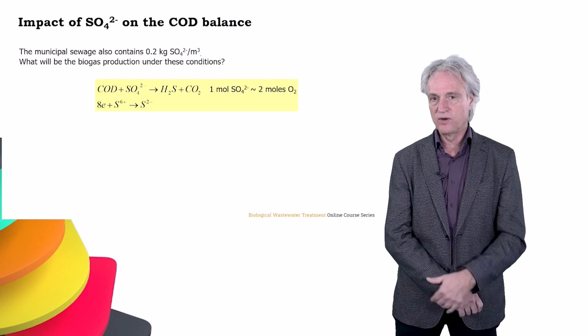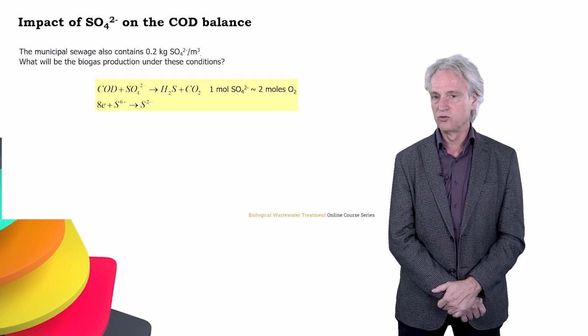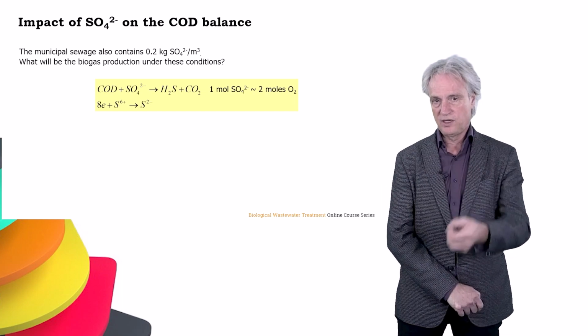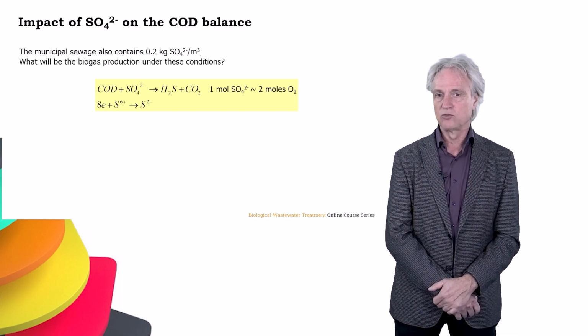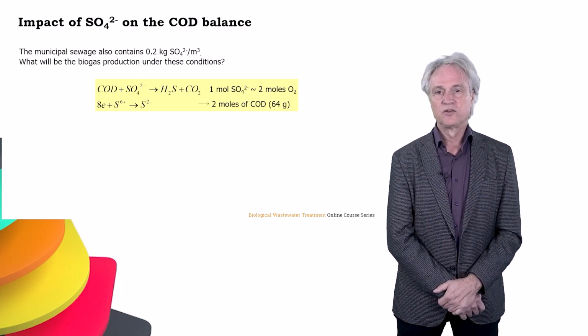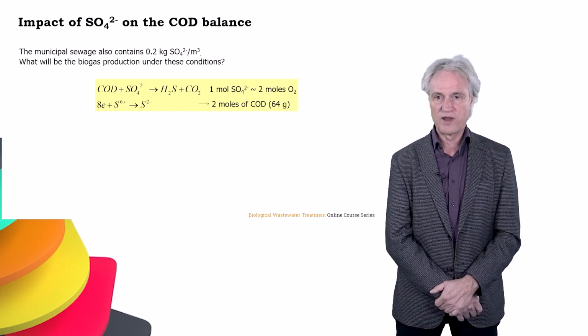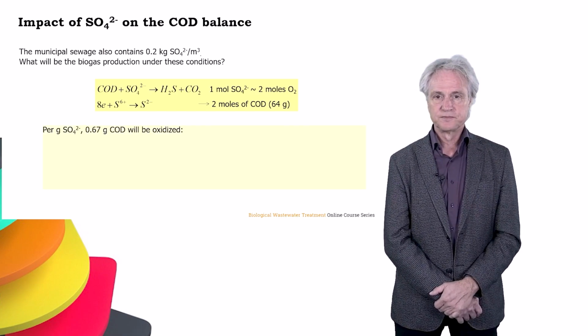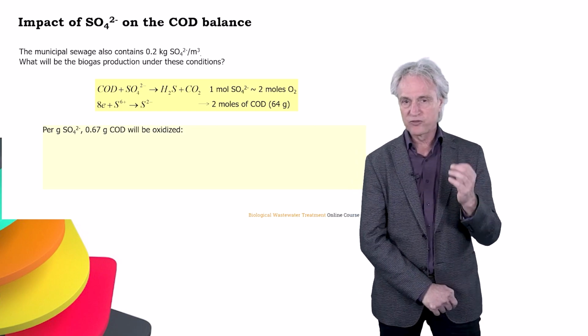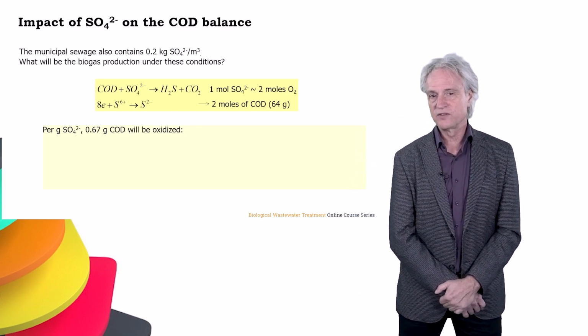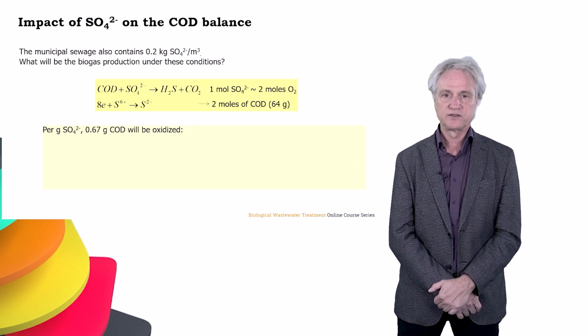Do you remember this equation? 1 mole of sulfate requires 2 moles of oxygen in the reduction of sulfate to sulfide. So 2 moles of COD is 64 grams. Now what will happen? Per gram of sulfate, 0.67 grams of COD will be oxidized.